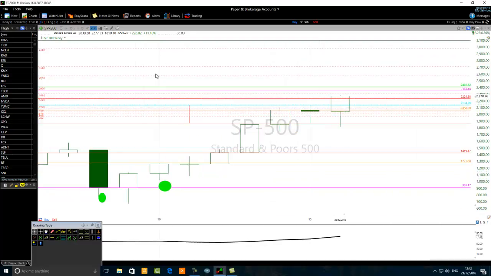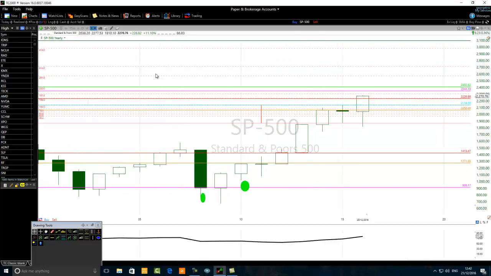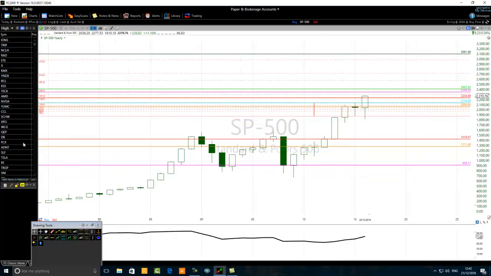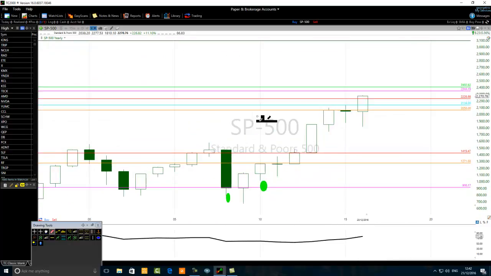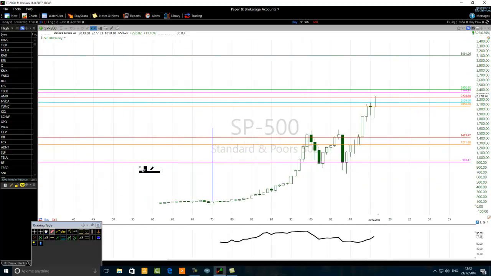This is about, okay, stock traders, beginning to shed more light on the S&P 500 stock index. I'm going to remove my Fibonacci extension tool, and I'll leave those lines on my chart. This time I want to point something out to traders.